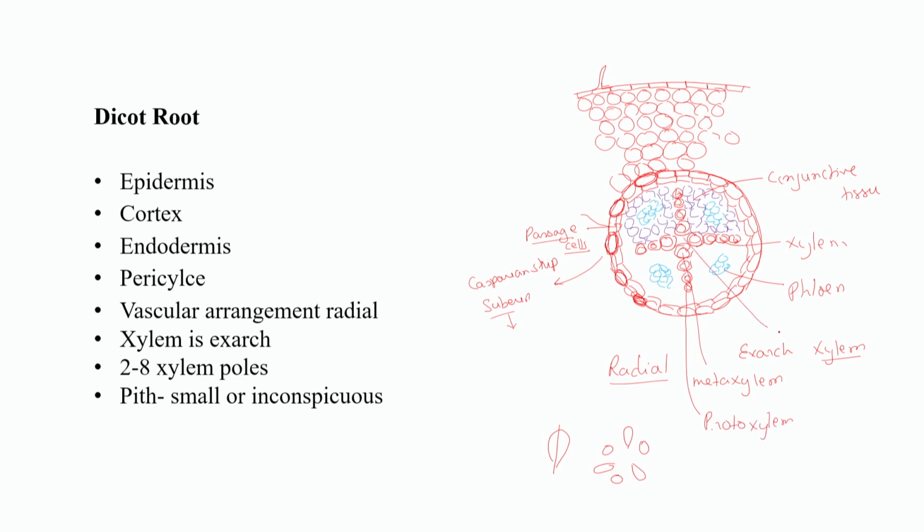Pith will be there, but in the case of dicot roots the pith will be highly reduced. You can see the area is very reduced. In a dicot root the pith will be very small, or it may even be almost absent, and you will see 2 to 8 xylem poles, meaning the poles of xylem will be about 2 to 8 in arrangement.